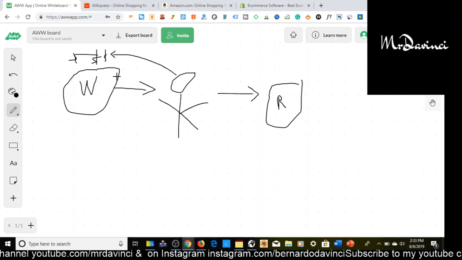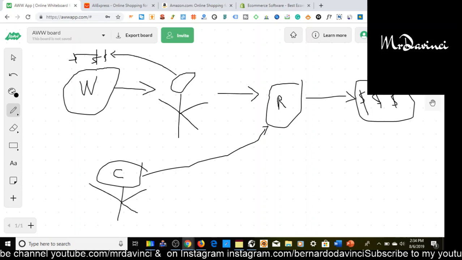And once we do that, let me draw a C here so you don't get confused. The customer will buy it at retail price, and we get the money that we made for selling it at retail. And then once we get this money, we're going to go back in and we're going to rinse and repeat.